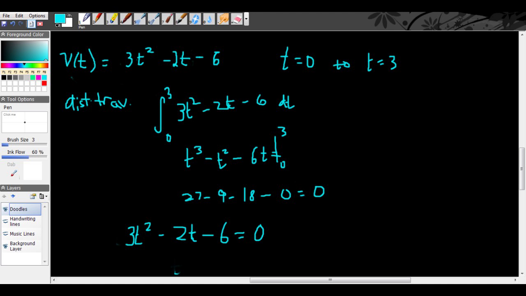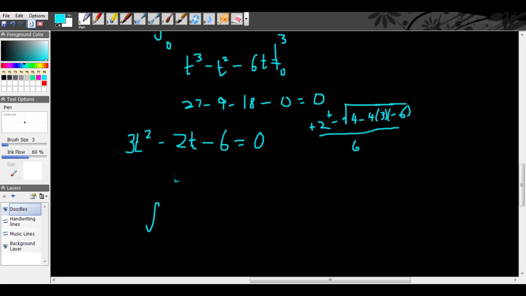So we're just going to use the quadratic equation. x equals negative b, which is 2, plus or minus the square root of b squared, 2 squared is 4, minus 4 times a, which is 3, times c, which is minus 6, all over 2 times 3, which is 6.